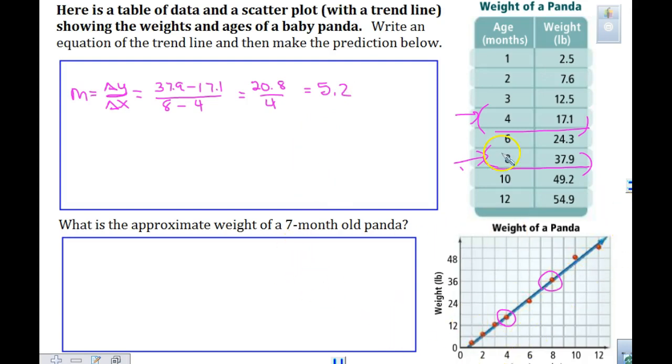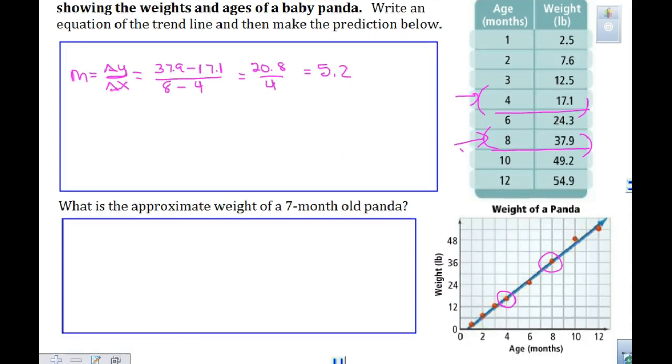So what's happening? For each month, what's happening? That baby panda is gaining 5.2 pounds each month, right? So if you're asked what does that slope mean, how do you interpret it, okay? So they're gaining 5.2 pounds each month.